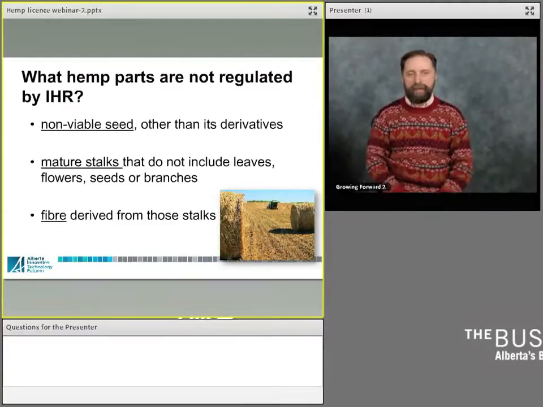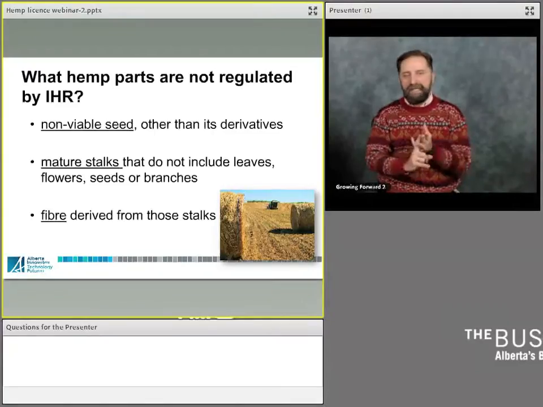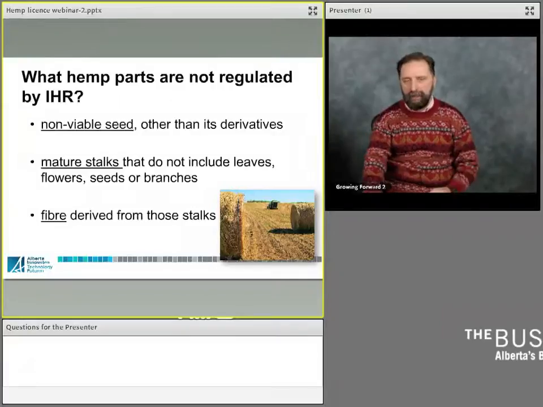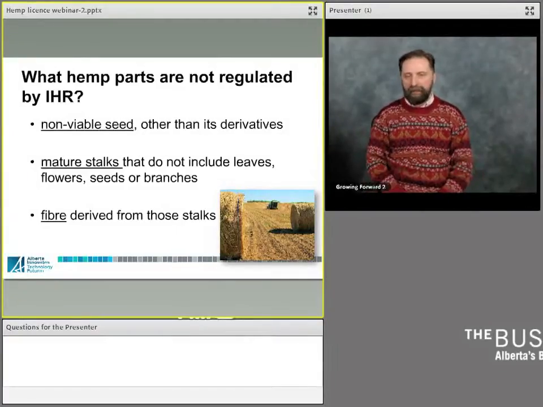Mature industrial hemp stalks that don't include leaves, flowers, seeds, or branches are also not regulated by industrial hemp regulations. This is really important because look at these bales in here. This is our field of industrial hemp that was baled, and these bales contain seedless, leafless stalks of industrial hemp.